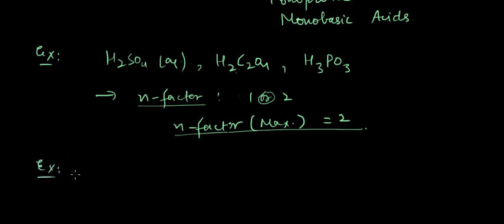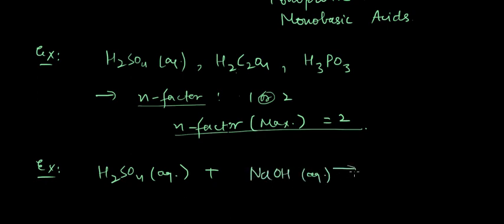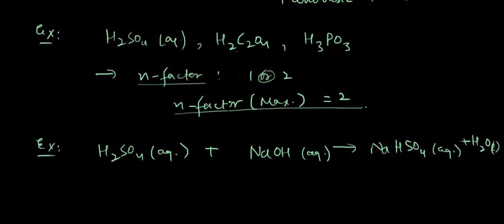Let's see another example where we have H2SO4 aqueous plus NaOH aqueous reacting together to form NaHSO4 aqueous plus H2O liquid. So the n factor used here would be only 1, because it is only denoting 1 H+, and the other H is already written as HSO4-.